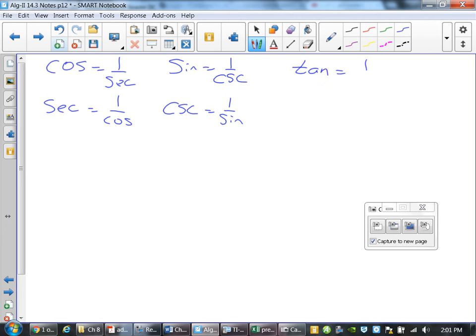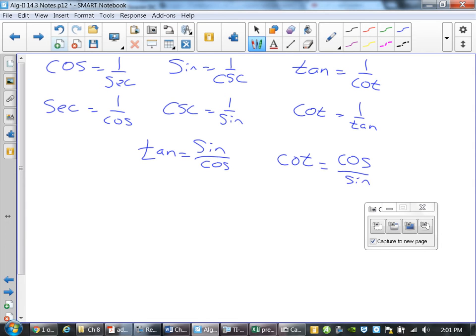Tangent is 1 over cotangent. Cotangent is 1 over tangent. Tangent is sine over cosine. Cotangent is cosine over sine. Those are all the generic reciprocal properties that we've worked with.